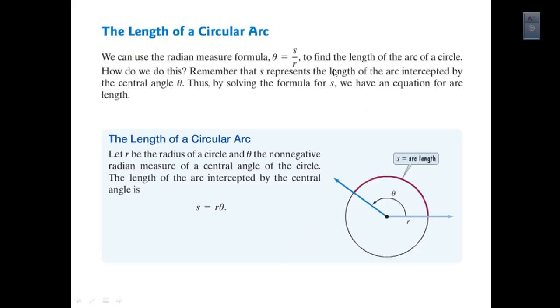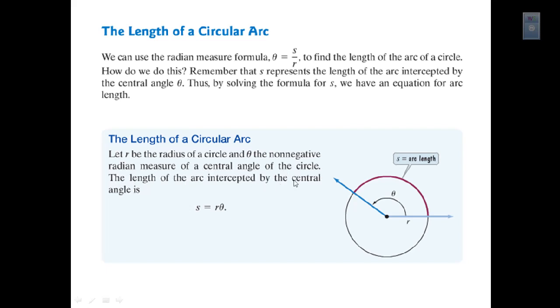Now, the length of a circular arc. We can use the radian measure formula. This is what I talked about earlier. Theta equals S over R to find the length of the arc of a circle. And all we're doing is multiplying both sides by R, and we're going to get S equals R times theta. Let R be the radius of the circle and theta the non-negative radian measure of a central angle of the circle.